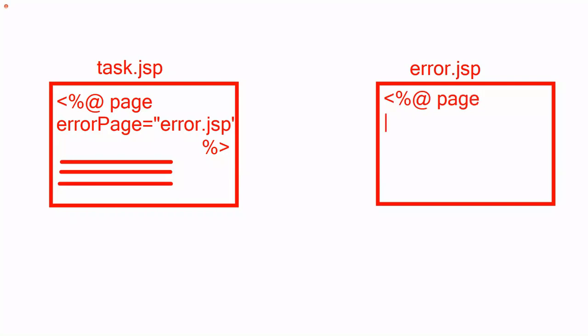I'll write some code. Here page. Is it task page or error page? Error page. So by default is false. True required now. Then you have to write is error page equal to true.